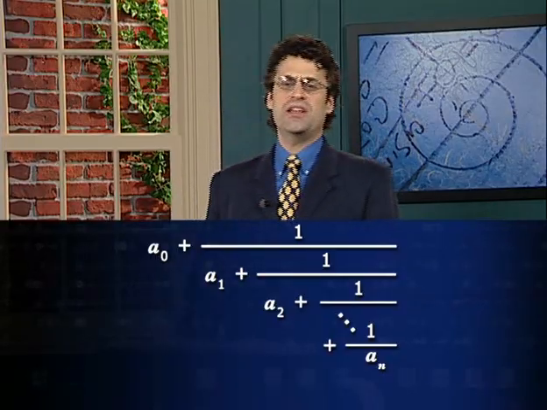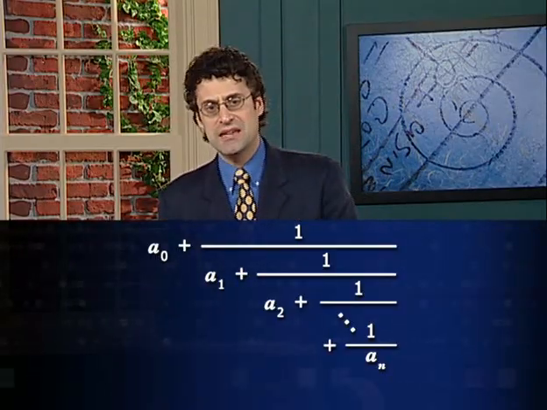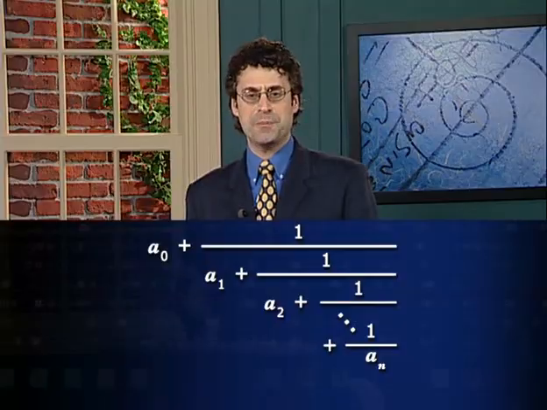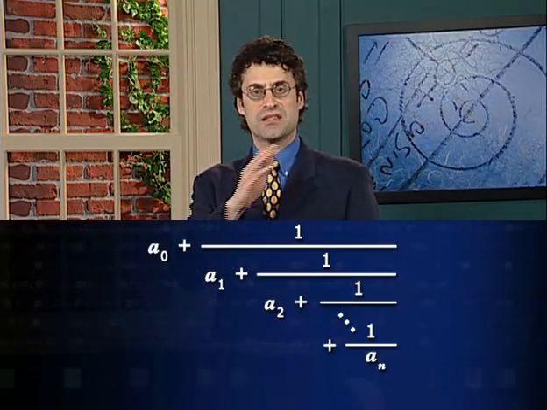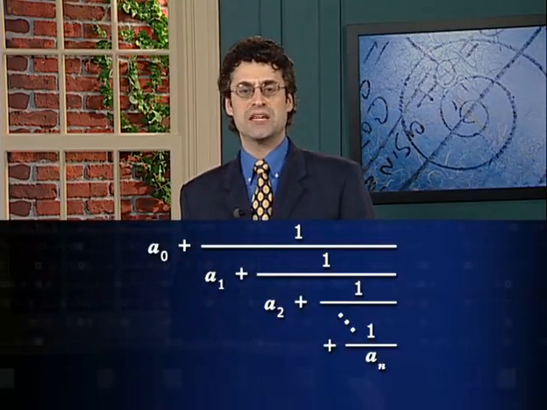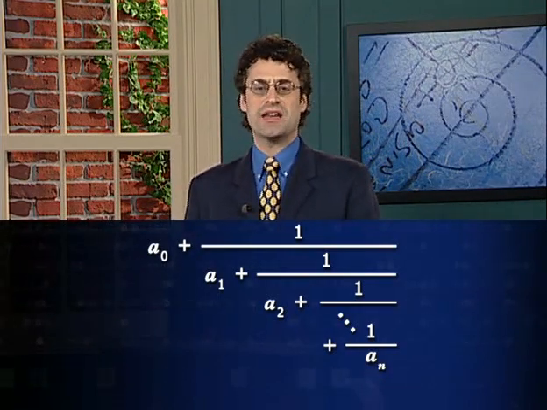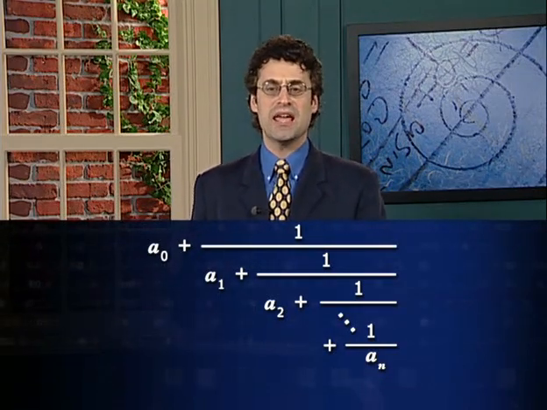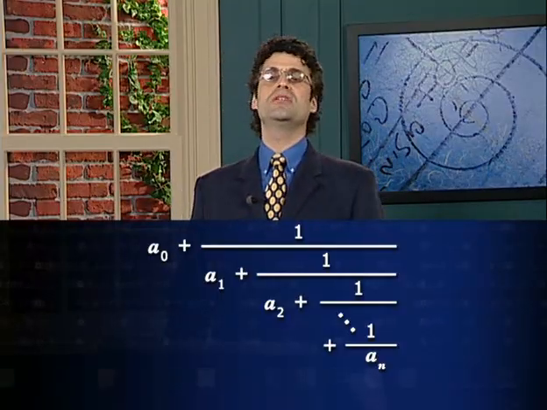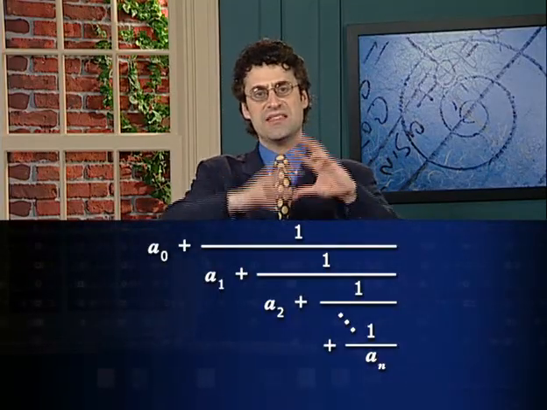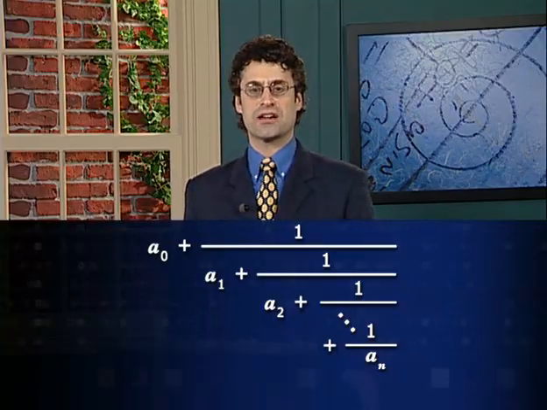Furthermore, since the Euclidean algorithm will always terminate in a finite number of steps, as we said before, because the remainders keep shrinking, then we see that all these continued fraction expansions must terminate as well. In other words, we only have finitely many a's in this nested continued fraction.